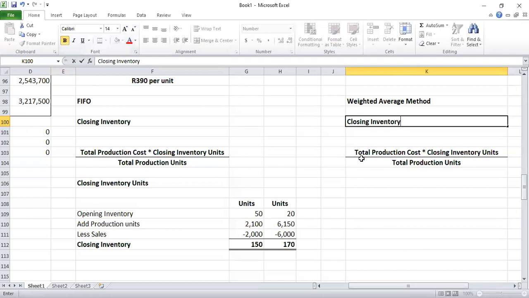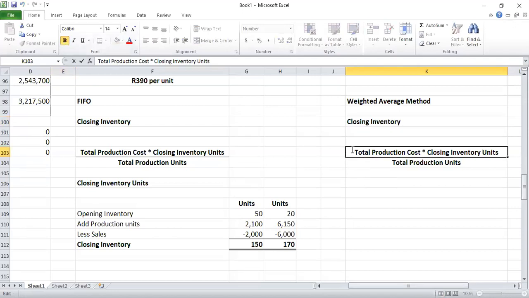The only difference is here at the top, we'll add the opening inventory value plus our total production cost.